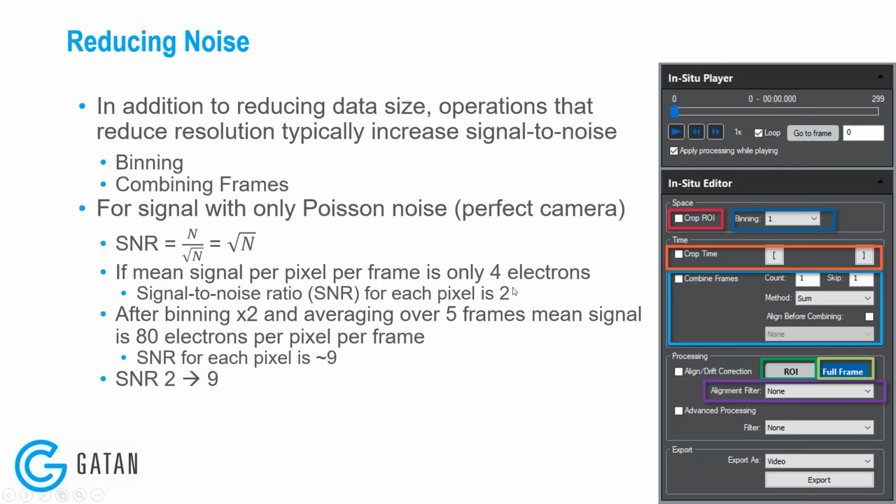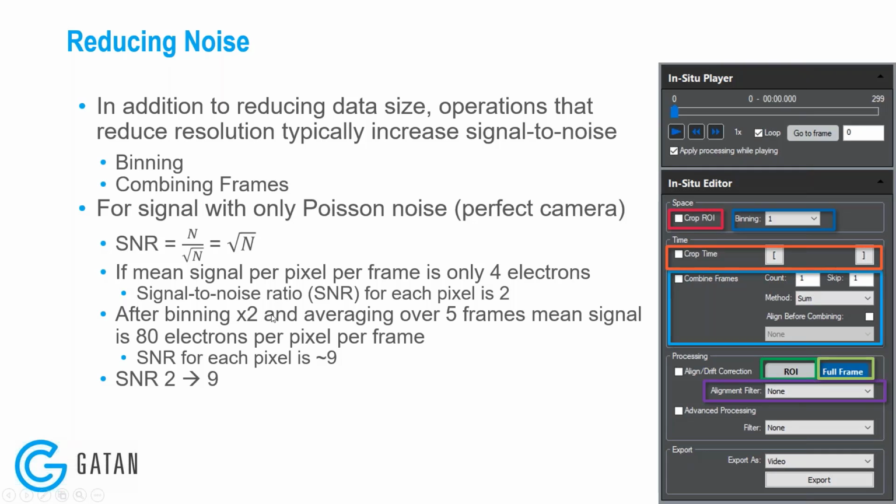And this is really quite a bad signal to noise. I would like to see at least 5 to really get any information out of single pixels. And so the signal to noise of 2 is really too low if I want to look at high resolution, high spatial frequency information.